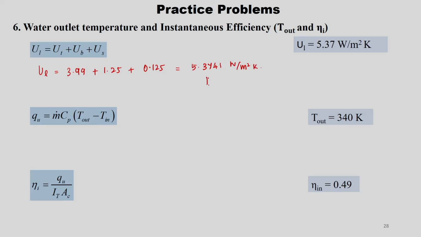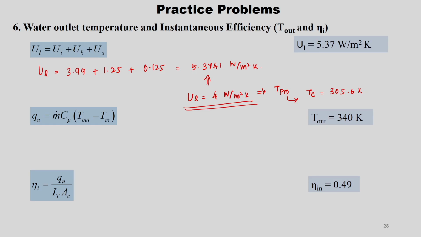So, what we assumed? We assumed UL to be 4 watt per meter square and calculated TPM, that is plate mean temperature, and after that, because the plate and cover system is filled with air, to calculate all the losses, we assumed collector temperature as 305.6 Kelvin and then proceeded the calculation. We are getting now UL as 5.37 while we assumed 4 watt per meter square.